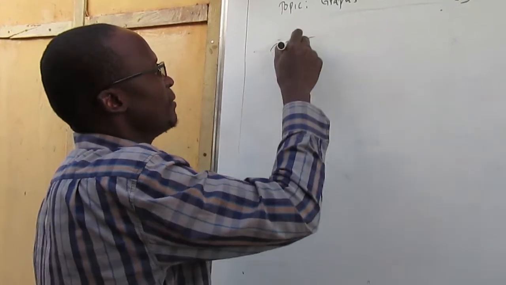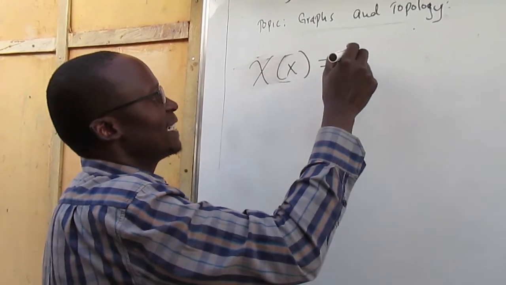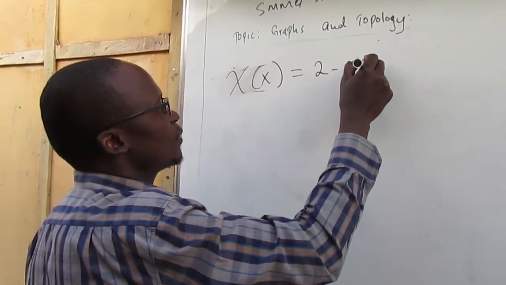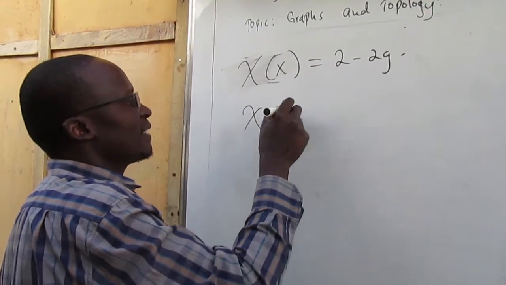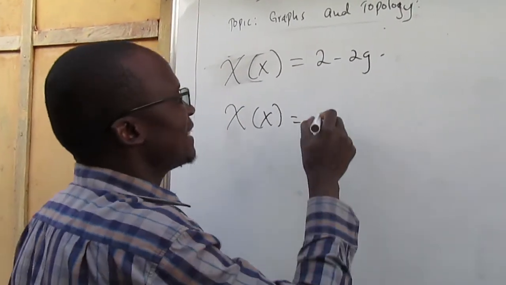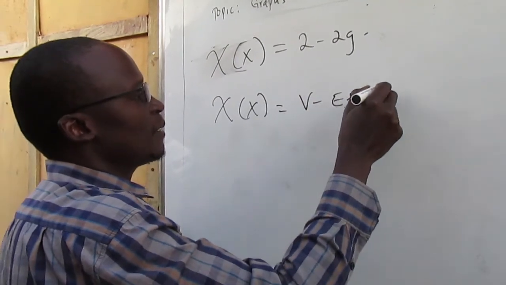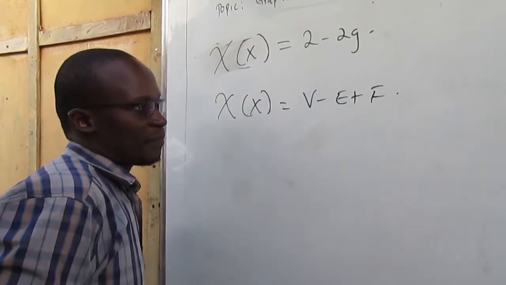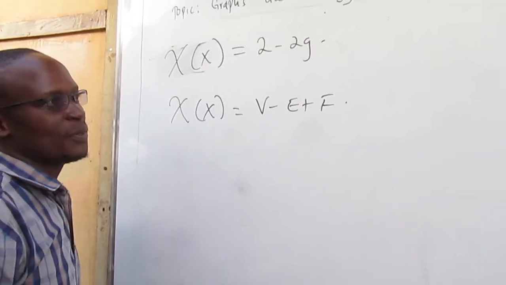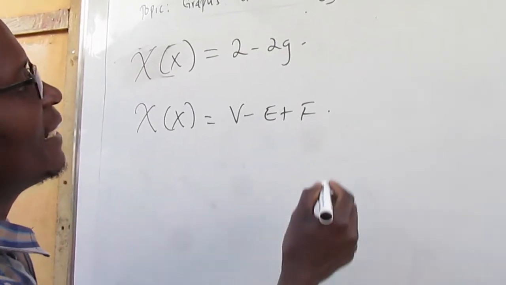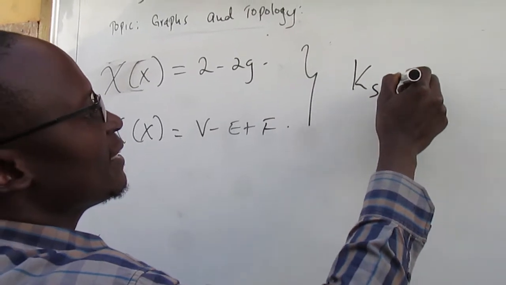While learning about compact surfaces, we learned that the Euler characteristic of a compact surface in terms of genus is 2 minus 2g. And also the same via tilings can be obtained by the expression v minus e plus f. So we want to conclude by making use of these two relations to show that K5 is not planar.